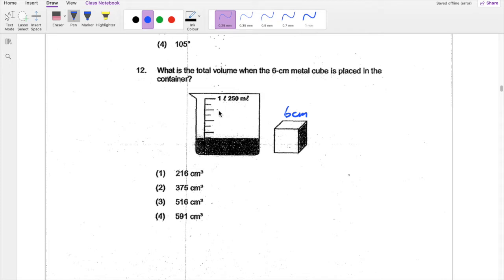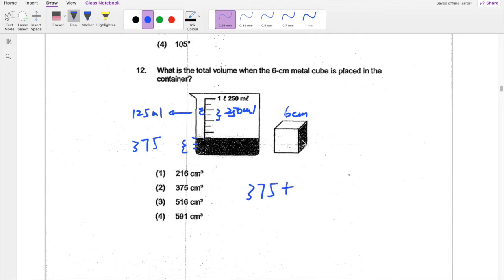This part is 250 ml, and for the small one, it's 125 ml. If we count, it's 1, 2, 3. So 3 means 3 times this one, which is 375.